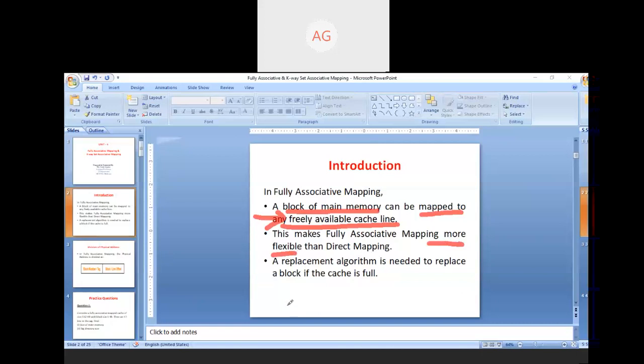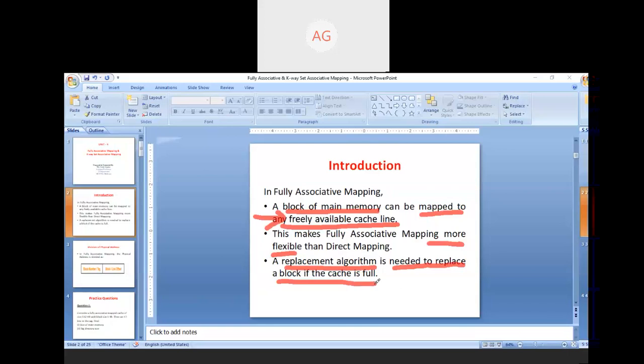But in case of fully associative mapping, a replacement algorithm is needed in order to replace a block if the cache is full. As you already remember, we already discussed in the case of fully associative mapping, the examples of replacement algorithms are FCFS, which is first come first serve, and LRU, which is least recently used.